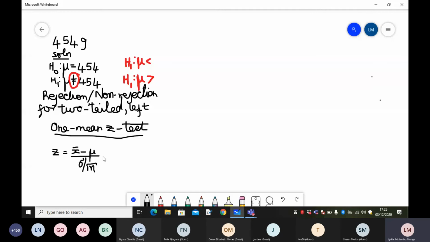And by now, I think you know a lot of statistics. We know that this Z statistic, which we were calling the Z score value, is normally distributed with mean 0 and variance 1. So we shall use the standard normal distribution.